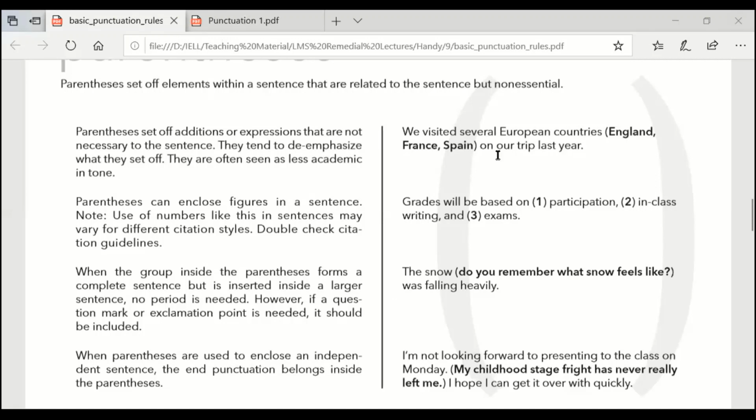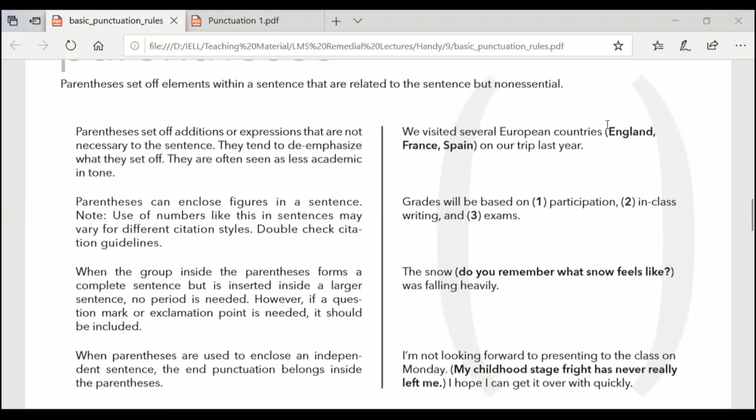Like, we visited several European countries on a trip last year. So the sentence was clear. If I was not so interested, I would say, you visited several European countries. Several says it all. But if I write down the particular names of the countries, those are not so essential to mention, as they are off the topic.